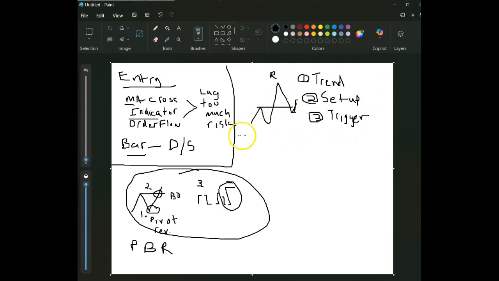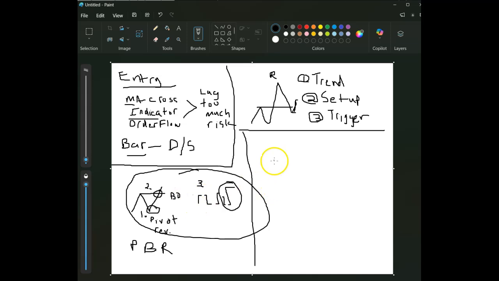So you see that it's all tied together. That's just one example of setup. It could also be a spring or an upthrust. It could also be off of a POC, or other nodes, etc.